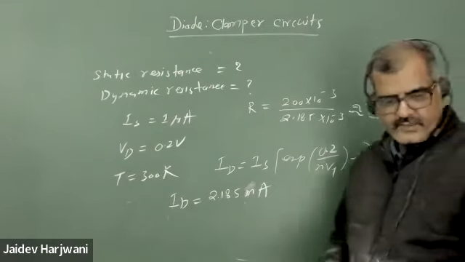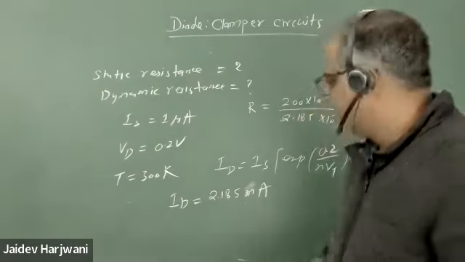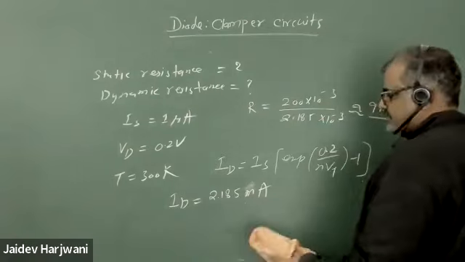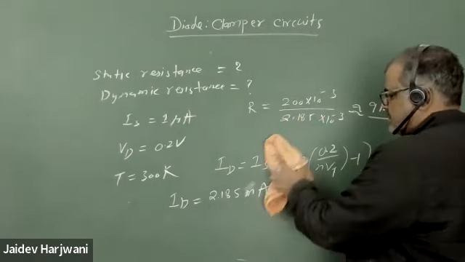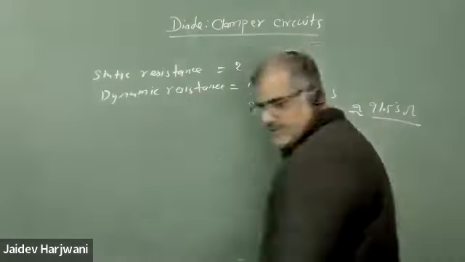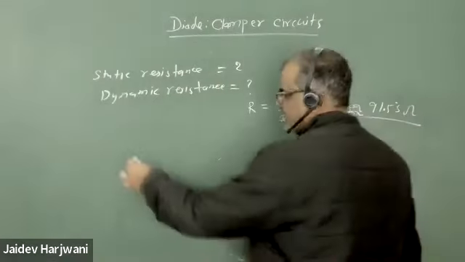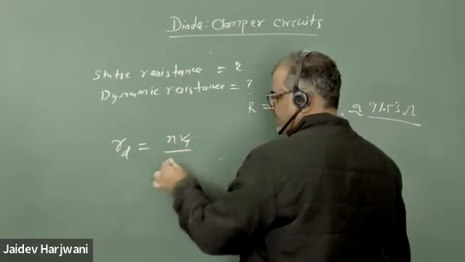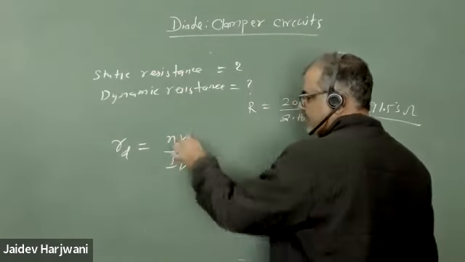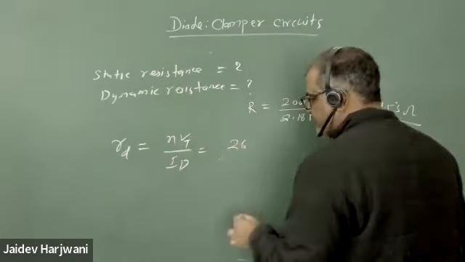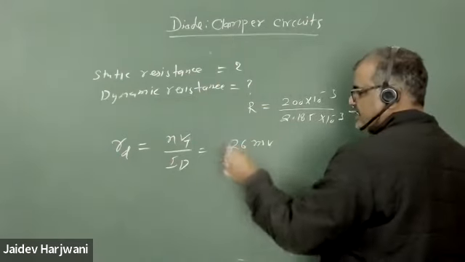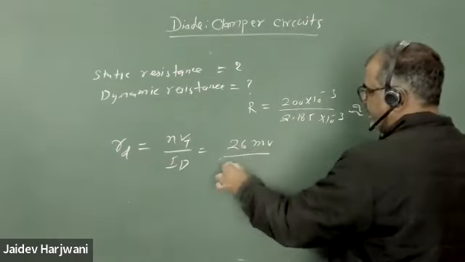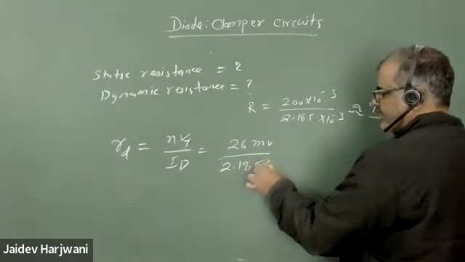Clear? Now please calculate the dynamic resistance. How can you calculate it? Dynamic resistance rd is eta Vt upon Id. Now Vt is 26 millivolt, eta is 1, and Id you calculated as 2.185 milliampere.